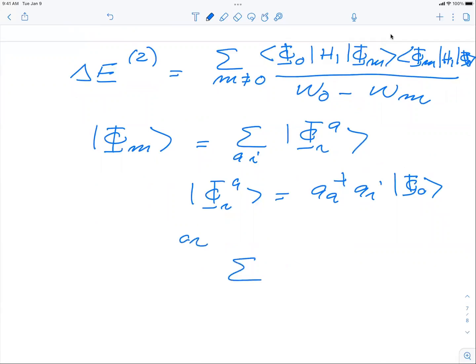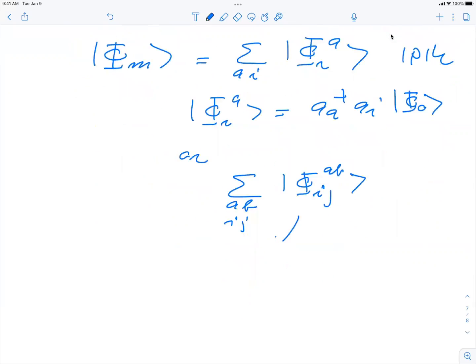Or we could have a two-particle, two-hole. So this is a one-particle, one-hole. Or we could have an AB, IJ, and then we would have this guy. And then we know that this function here is nothing but a-dagger A a-dagger B a J a I acting on phi 0, as we did in connection with the first midterm, and also when we discussed the FCI theory.